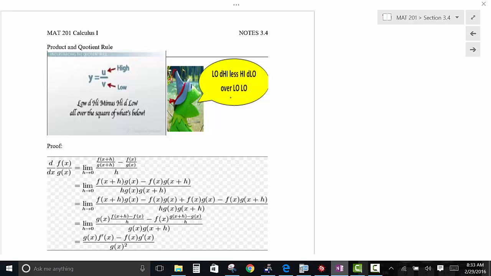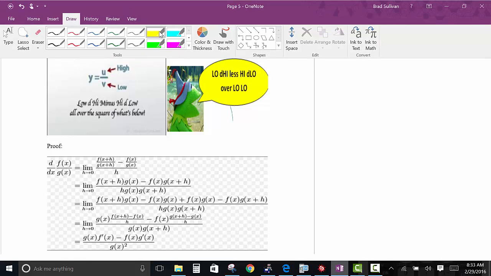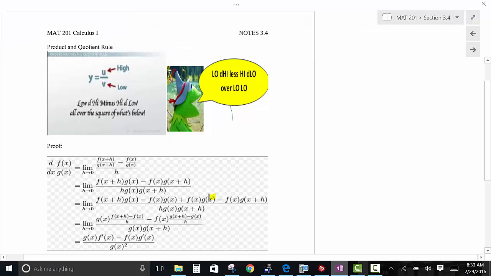Now this is the proof basically, and I mainly just put that on there for you to review. I'm not going to go over it, but it is a good thing for a student to go through and look at. It's really not that hard of a proof. The key part is this: when I put this in the difference quotient, like we learned, you would end up having that.